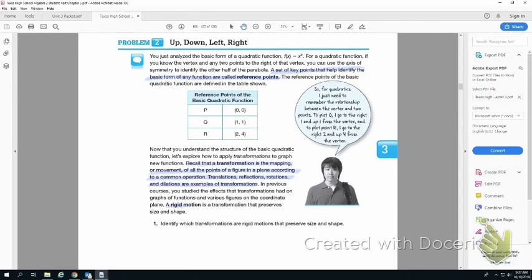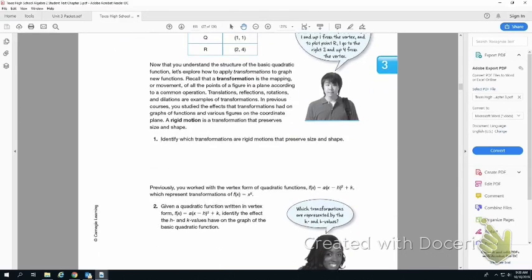It's where the size and the shape, again, do not change. What those are going to be, let me clear that out to give me more room here. So one of those is going to be translations, which is the main thing we're going to look at today.